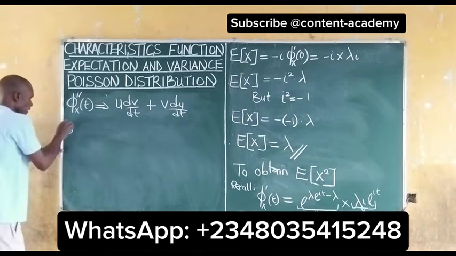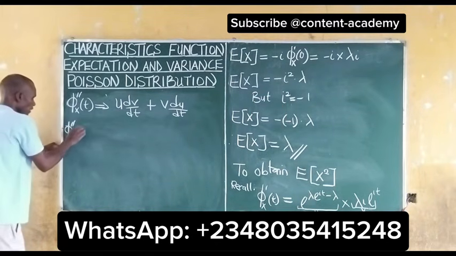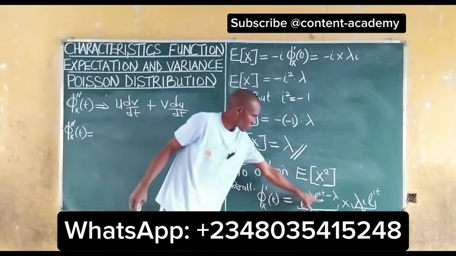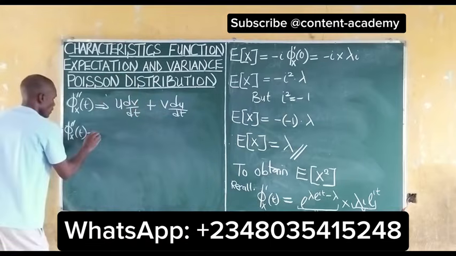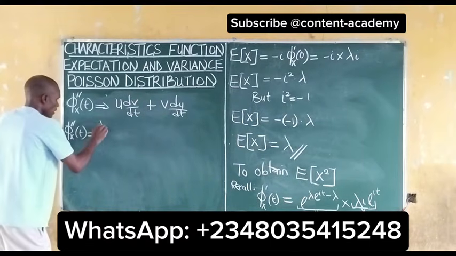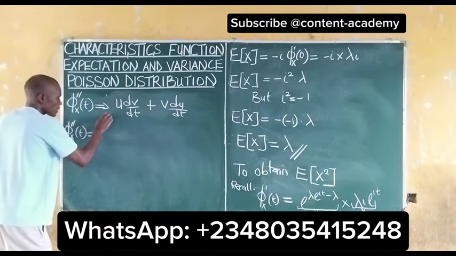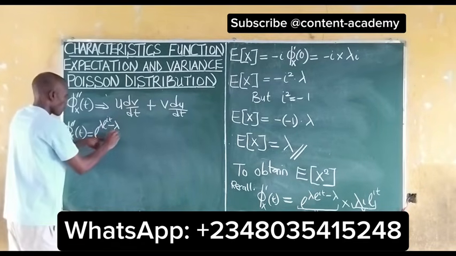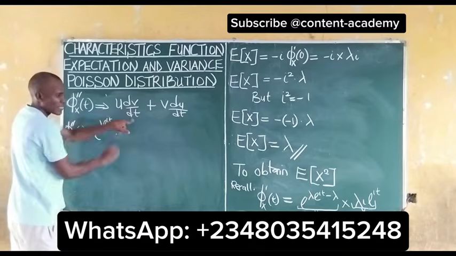So our characteristic function for the second derivative will be equal to u. U is the whole of this function, so we have u to be exponential lambda e^(it) minus lambda, multiplied by the dv over dt.